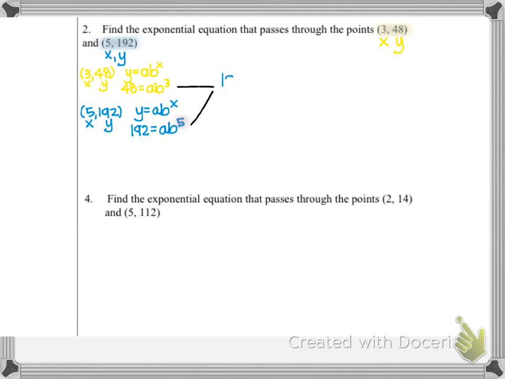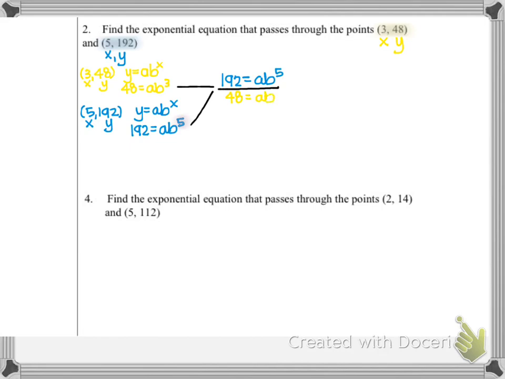So I get 192 is equal to AB to the 5th. Then I'm going to take the equation where the exponent is smaller and I'm going to divide. Since this is all multiplication, and I know that to get rid of multiplication, I do division. So I'm going to go ahead and divide.